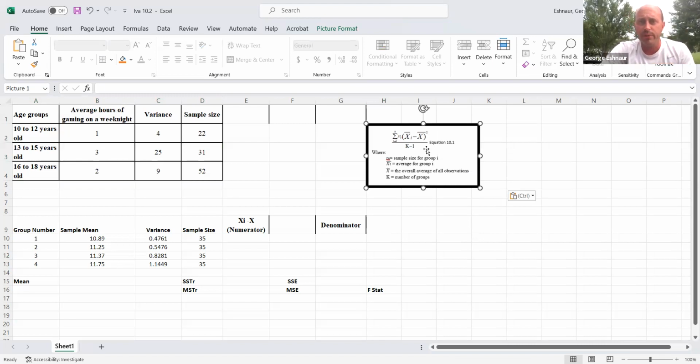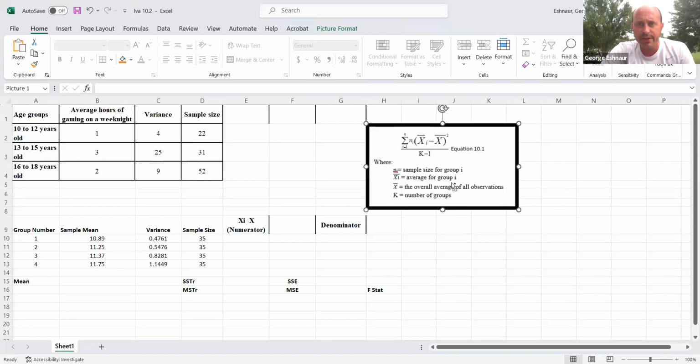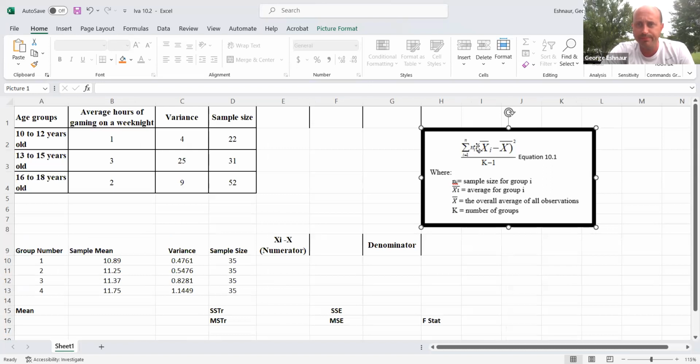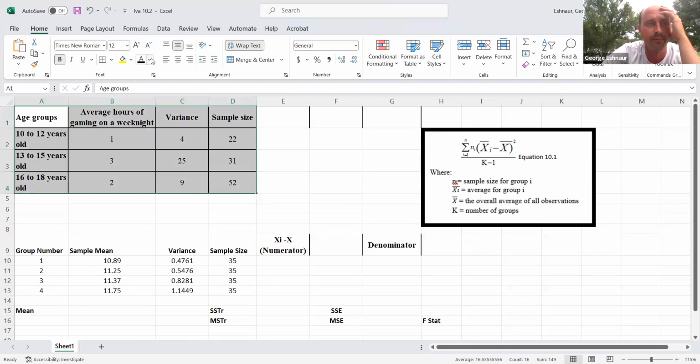So we get this formula, and we've got the identifiers here. They tell us the sample size of the group, our observation average for the group, minus the overall average of the observations, and then divided by the number of groups. Okay, so when we start to look at this, I'm going to blank this out, okay? Because we don't need that one anymore.